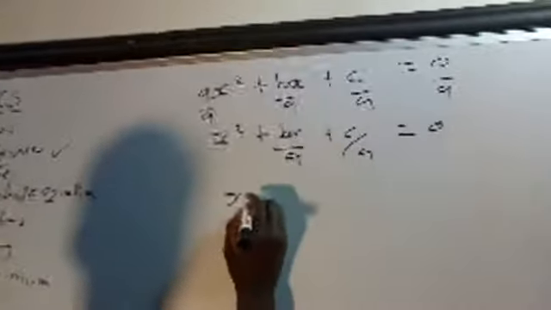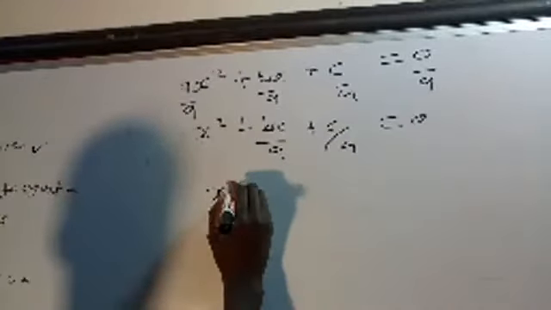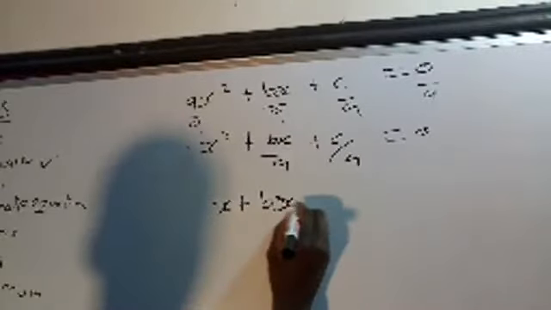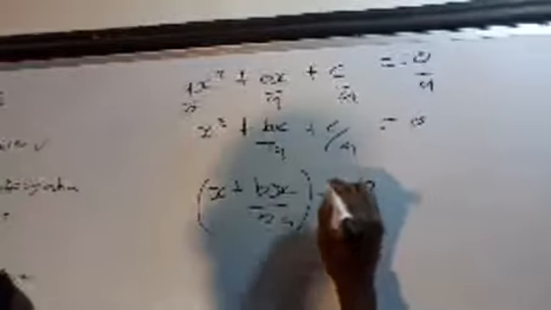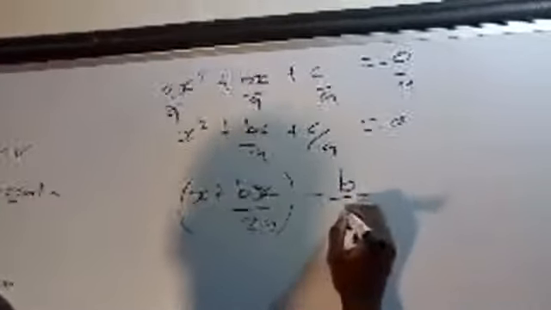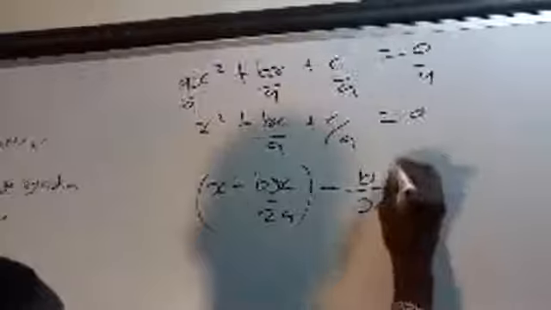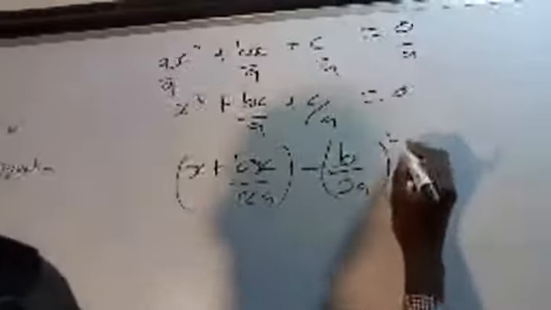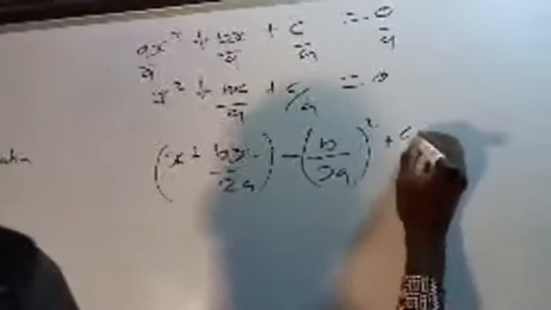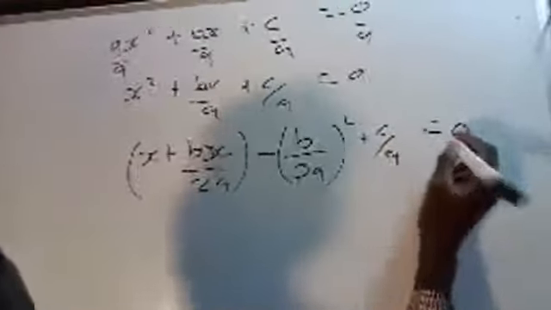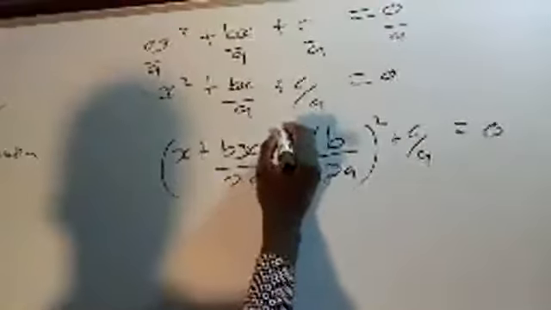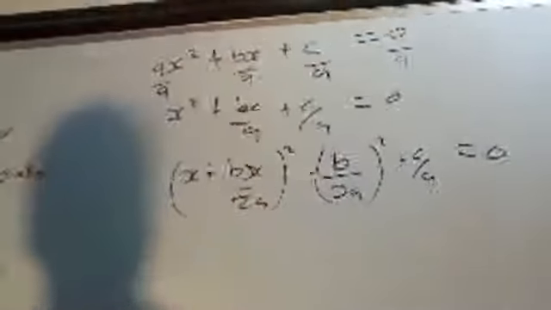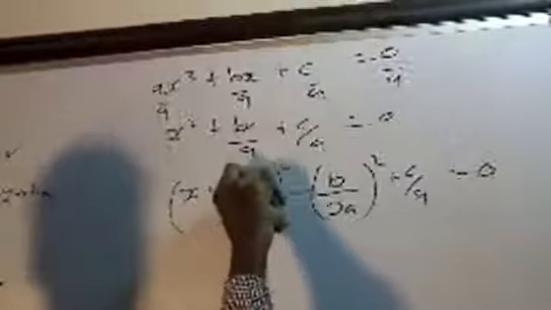Completing squares will become x plus b over 2a squared minus b over 2a squared plus c over a equal to 0. Here we have forgotten a square, and this x must not be there.